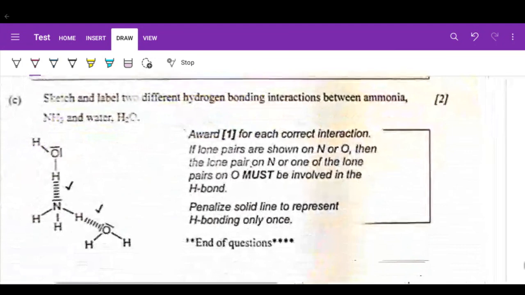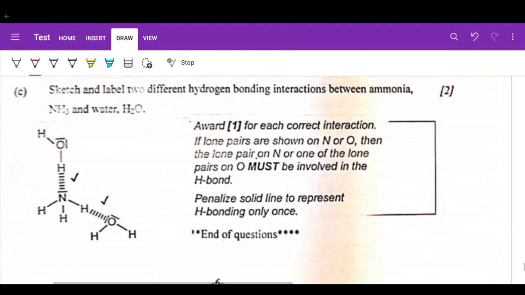Okay, next is sketch and label two different hydrogen bonding interactions between ammonia and water. Ramai pelajar yang tidak faham mengenai soalan ini, where you have to show the attraction between ammonia and water, but this is 2 marks.